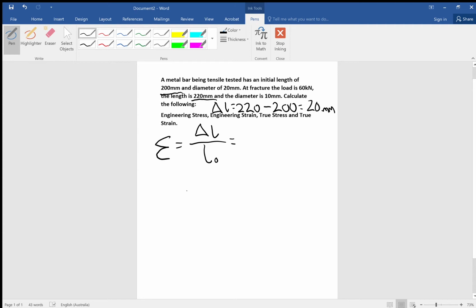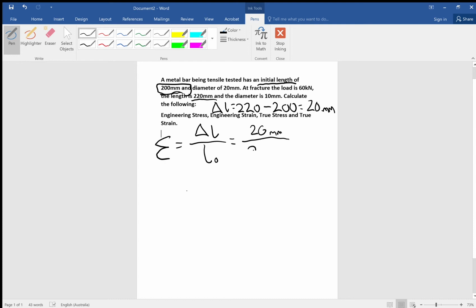Now you might be compelled to convert this to meters. As long as you convert both of them to meters, the answer will be correct. But because it's a ratio, as long as the units are the same, you will get the same answer. So for this one, we will have 20 millimeters. I'm going to leave it in millimeters, which means my bottom has to be in millimeters as well. 20 millimeters over the initial length, which we say is L0, in other words, starting from the beginning.